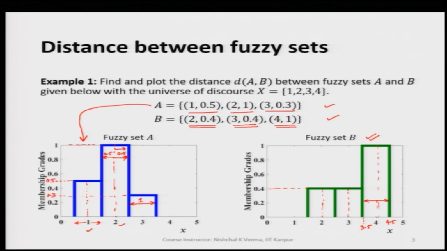Now we can clearly see that we have two fuzzy sets A and B, both discrete, with 3 elements each. Our aim is to find the distance between these two discrete fuzzy sets. Let us see how we can find the distance d of A comma B.